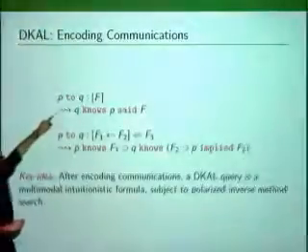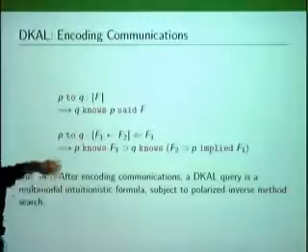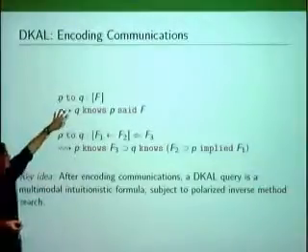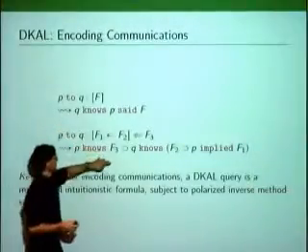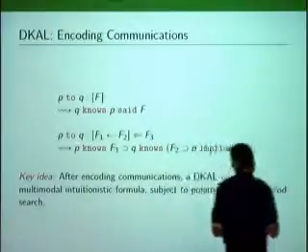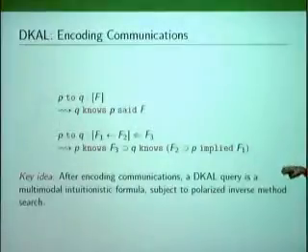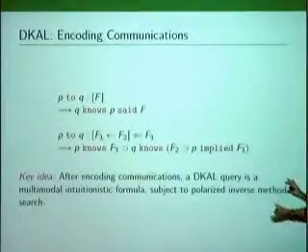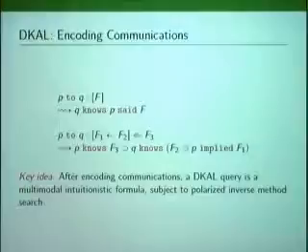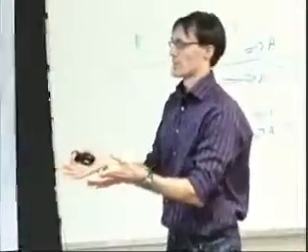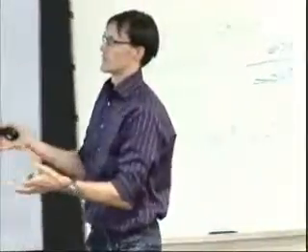Just by knowing the meaning of the communication, you can compile them away in more or less complicated ways. And after you've compiled these communications away, you are left with just a multimodal intuitionistic formula. So now at least you have a shot at using a theorem prover to prove these theorems.